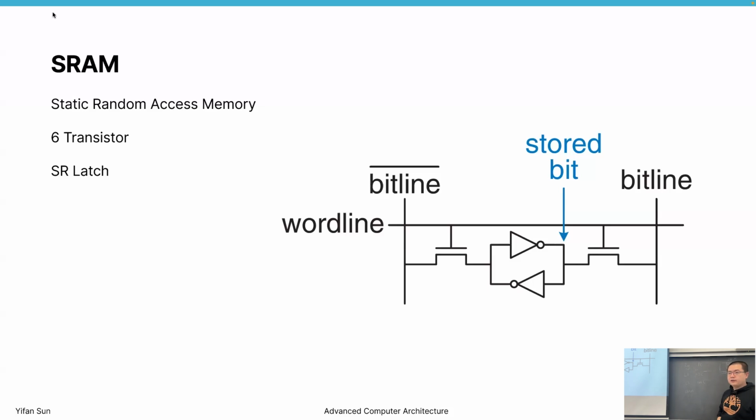When you write something like A equals C plus B, okay. When you write this type of line in your C or C++ code, what is actually happening is you're loading one piece of data from DRAM. You're loading another piece of data from DRAM. You're writing into the DRAM. Okay?